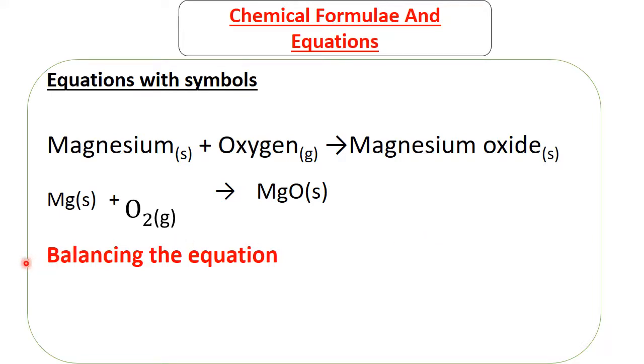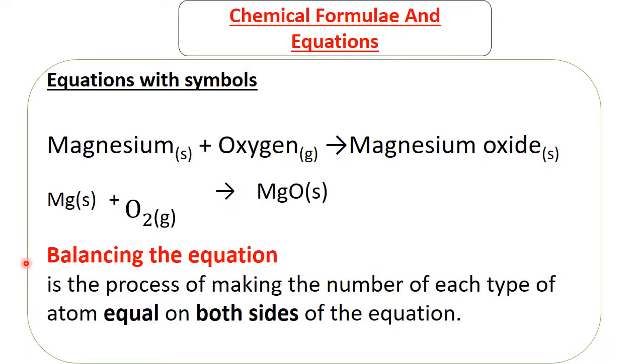So what is balancing the equation? Balancing the equation is the process of making the number of each type of atom equal on both sides of the equation. If a reaction has occurred, we assume that nothing has been lost and nothing new has been added. So what is here should give what is here. If you look here, there is one magnesium atom, and here we have one magnesium atom.